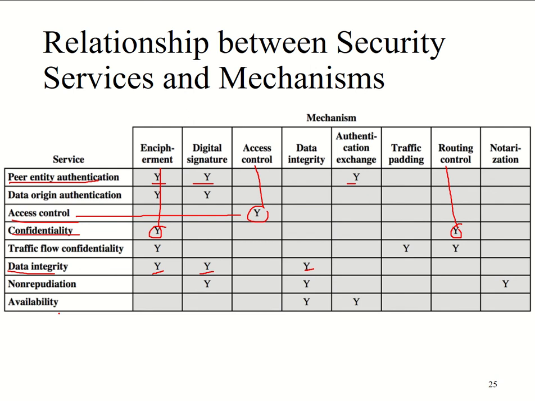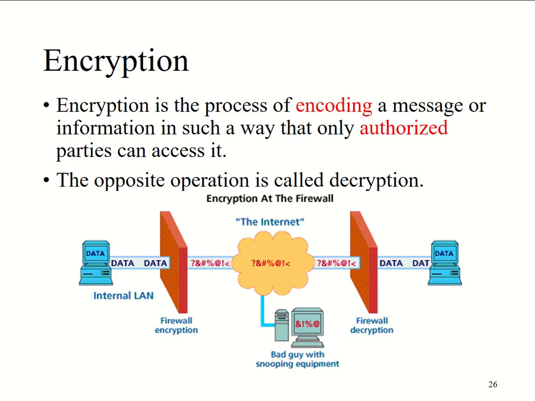All right. Now, let's talk about the main topic in our course, which is basically cryptography. When you talk about cryptography, we have to know the word encryption. Encryption means what? Encryption means encoding.